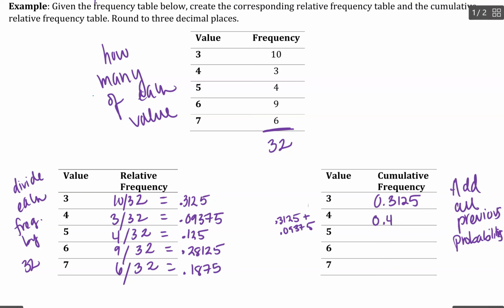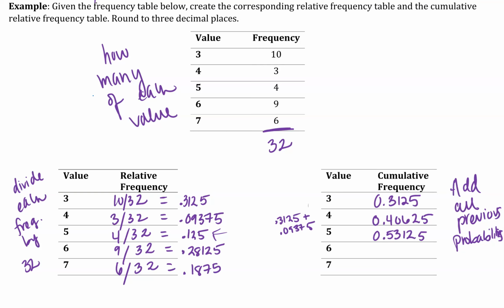So doing that, we get 0.40625. So you're just going to see that the numbers are getting bigger and bigger. So next, we're going to add the previous value, which is 0.40625, to the probability of 5, which is 0.125, and we get 0.53125. So they're just adding on each other here.